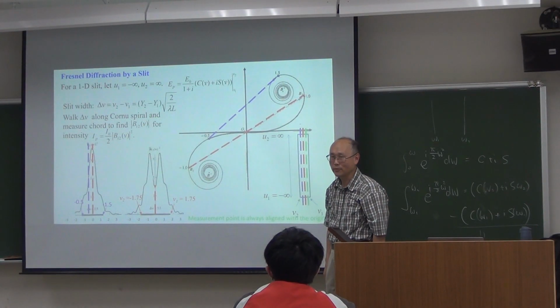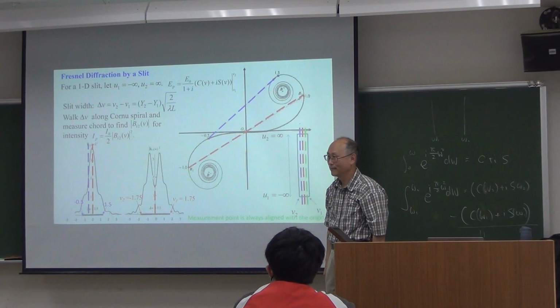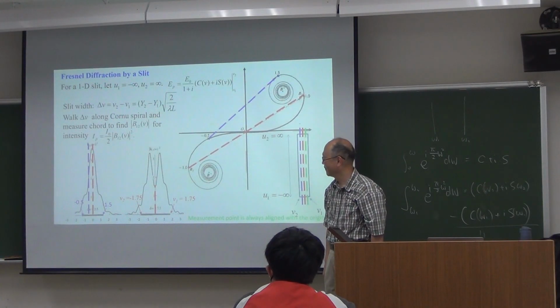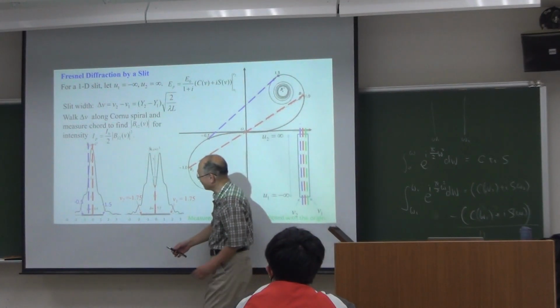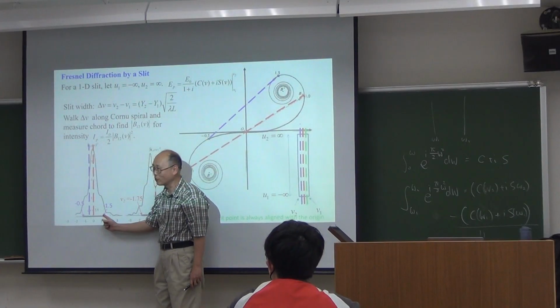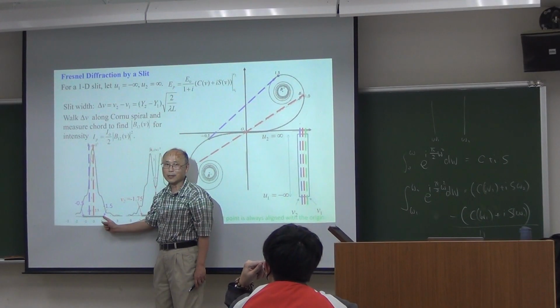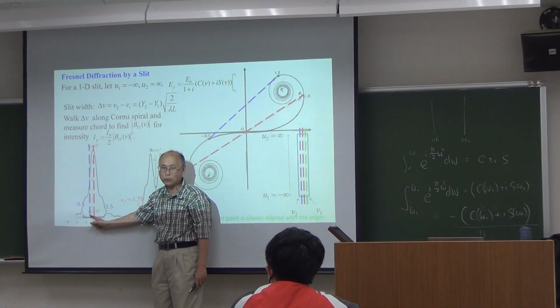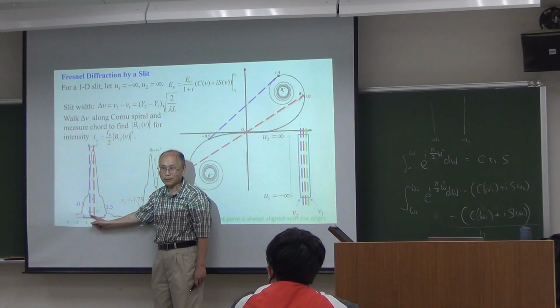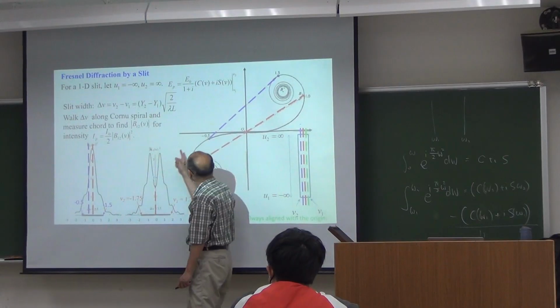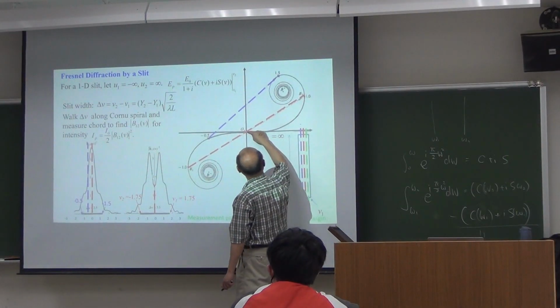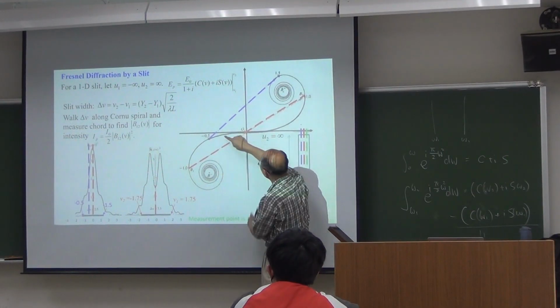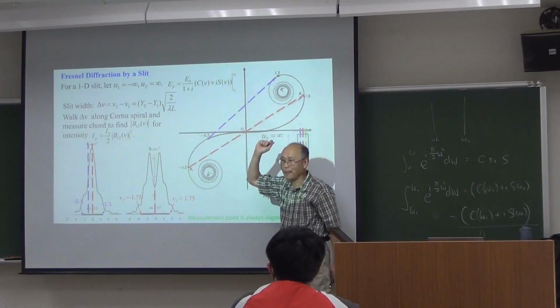This is easy, right? First identify the left edge and right edge of the aperture based on the new origin. Then identify the vector, this one and this one, and do a subtraction, and you get this line.